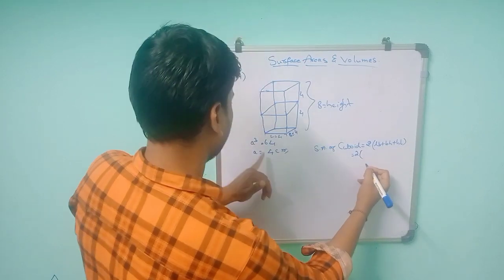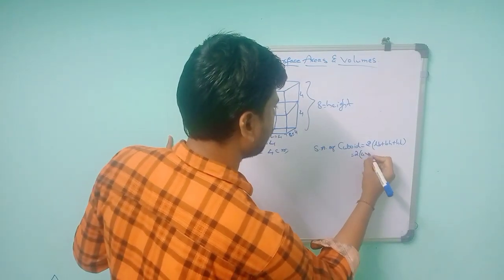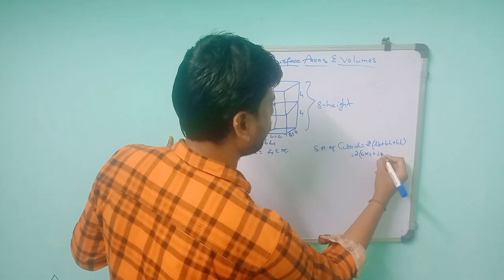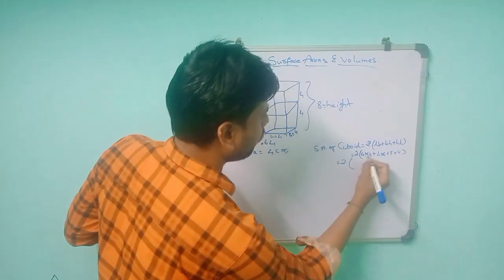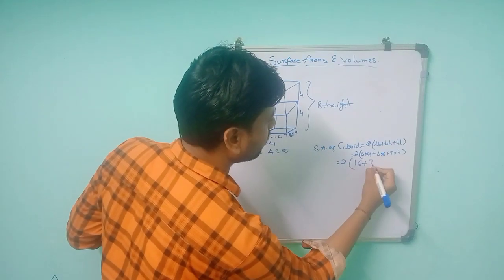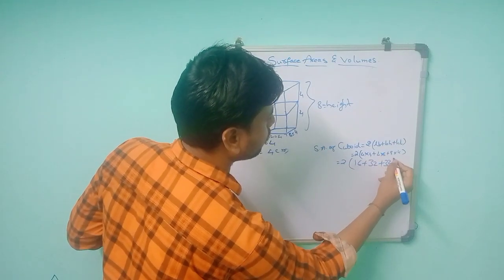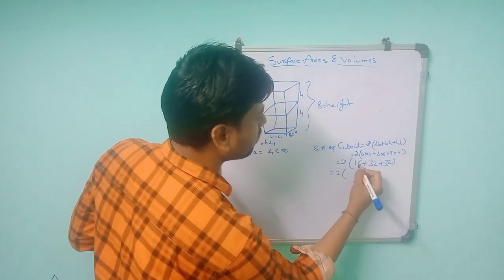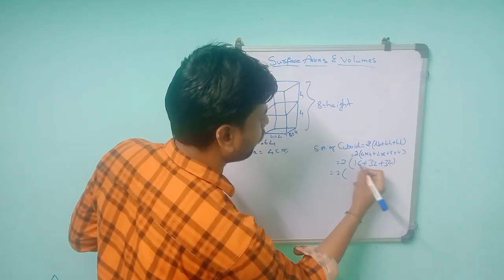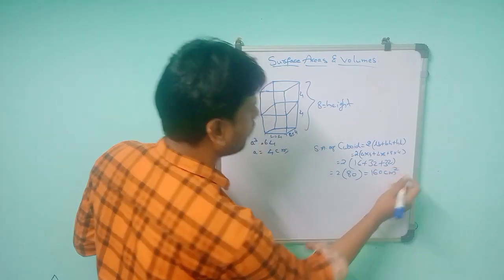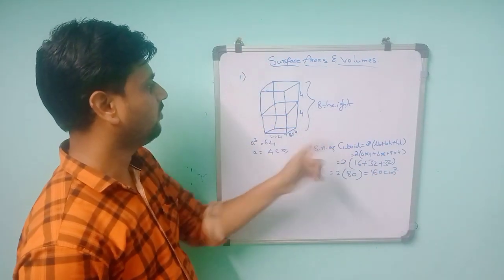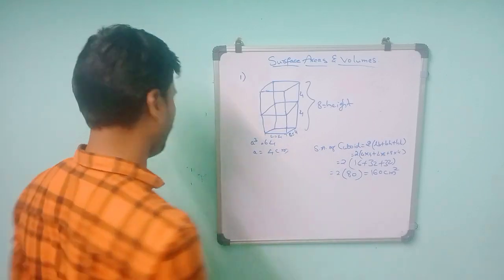So 4 into 4 plus 4 into 8, then 8 into 4. 4 into 4 is 16, plus 4 into 8 is 32, and this is also 32. This will give you 2 into (16 plus 32 plus 32), which is 80. So 80 into 2 is 160 centimeter square. So the total surface area of the cuboid is 160 centimeter square.